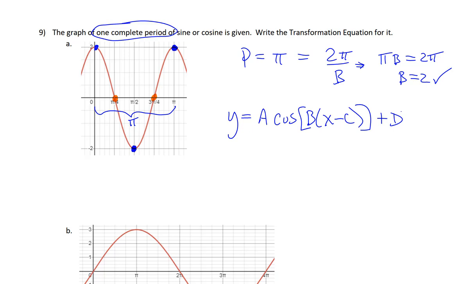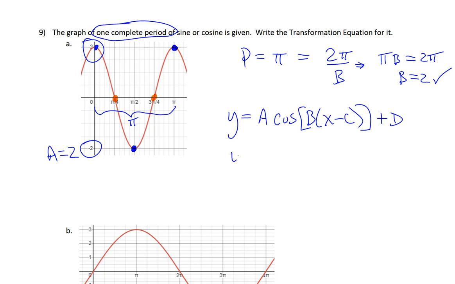Well, in this case, we figured out that b is 2. From what you can tell on the scale, notice it goes as high as 2 and as low as -2. From that, we could tell that a must be 2. And there are variations of what this answer could be. I'm going to leave it without a vertical reflection, which means we'll just keep it as positive 2 for a.